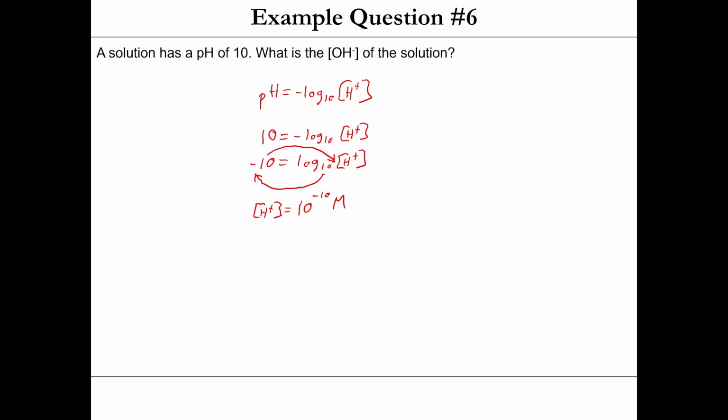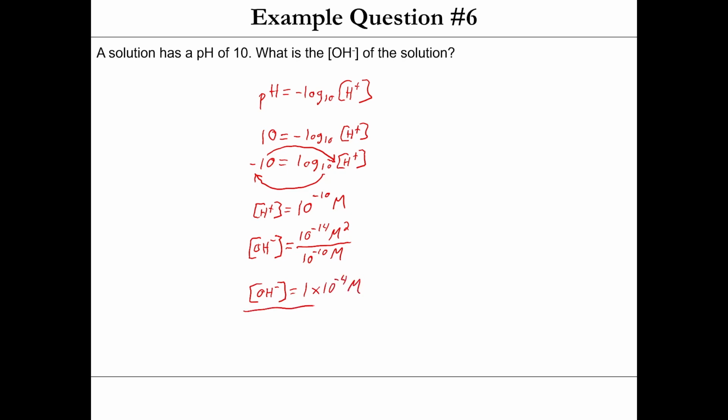To save us a little bit of time, I'll just go ahead and write it after rearranging the equation. So OH will equal 10 to the negative 14 molar squared over the proton concentration, which is 1 times 10 to the negative 10 molar. So your hydroxide ion concentration is going to be 1 times 10 to the negative 4 molar.